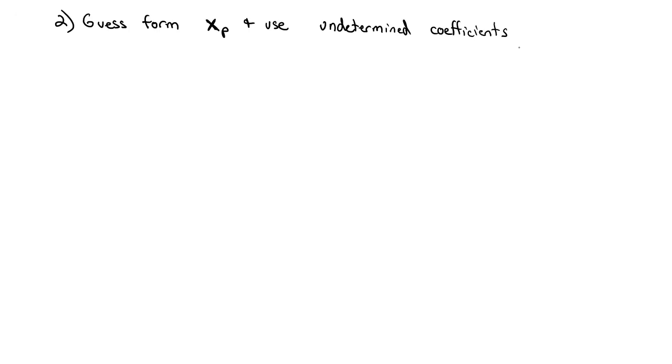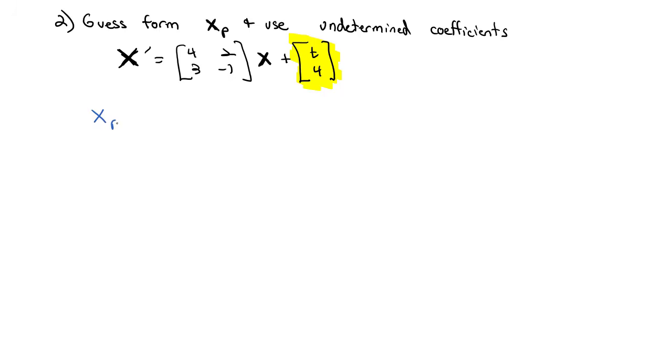So if I remember correctly, the equation up above, just because it's off my screen, I'm going to write it again. We said x prime equals 4, 2, 3, negative 1 times our x vector plus t and 4. And so now I'm looking at that non-homogeneous part, the t, 4, so I can guess the form of x particular.